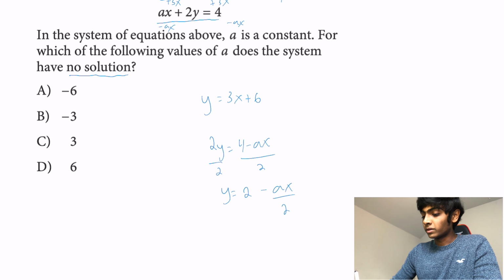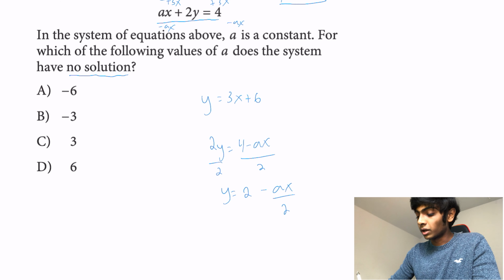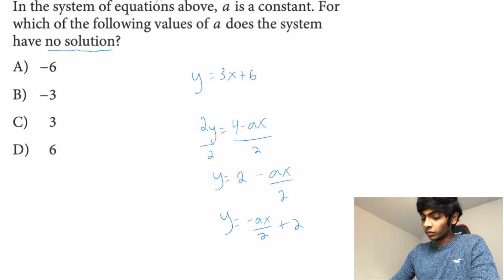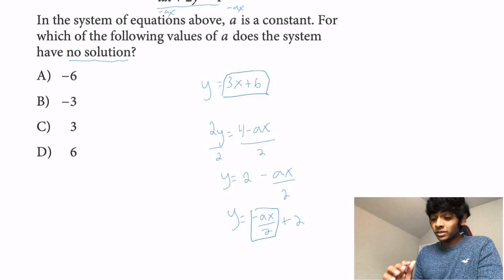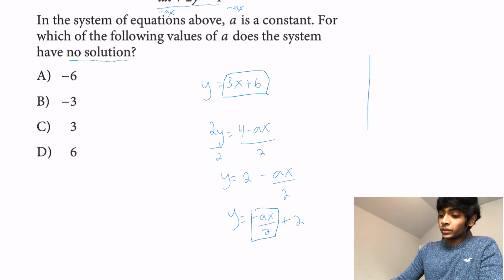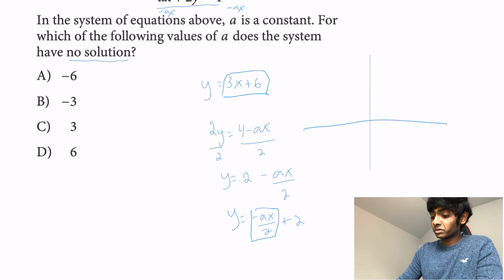And let's just rewrite this in slope form. So it's going to just be y equals negative ax over 2 plus 2. Now basically, we want that, or over here, 3x, to equal negative ax over 2. And why this is the case is because 3x plus 6, if it were to be graphed, would look something like that, right?